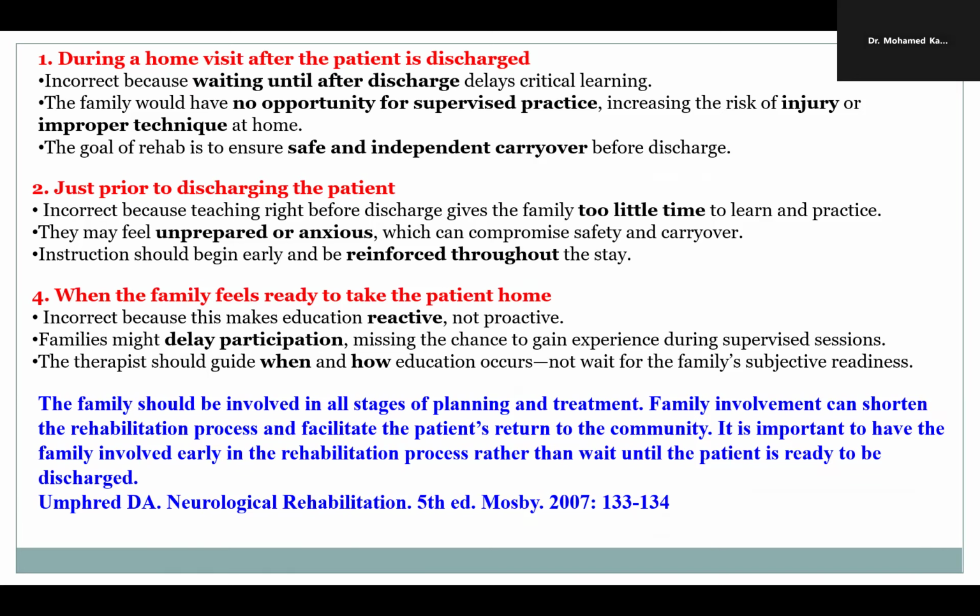Number four, when the family feels ready to take the patient home, this is incorrect, actually, because this will delay the participation, and this gives the feeling that it is a sole decision of the family to take the patient home, although this is a decision usually taken by the physical therapist, physician, everybody involved in the patient care.